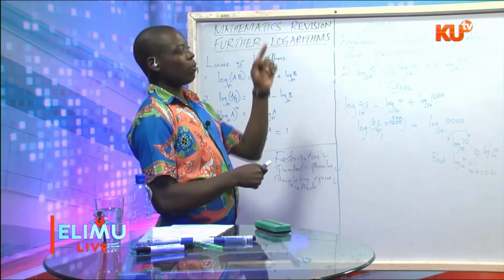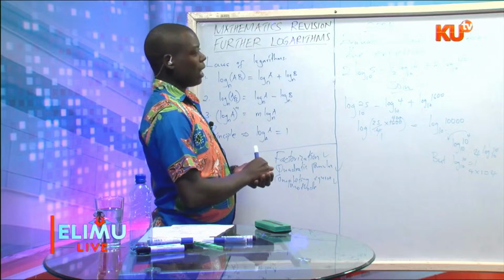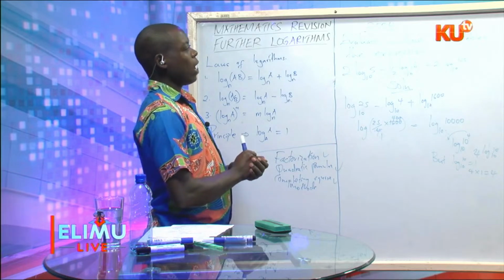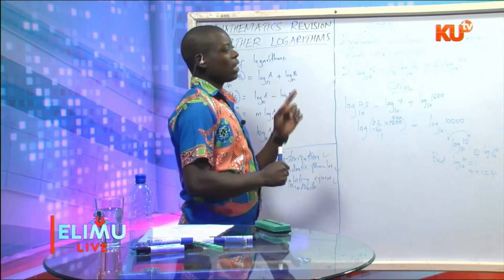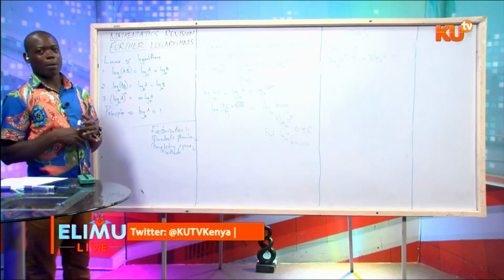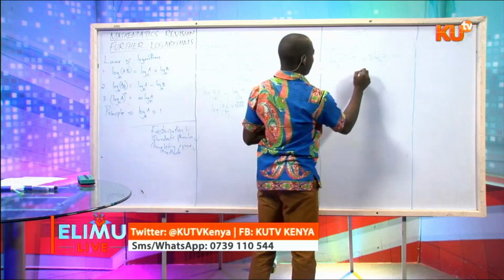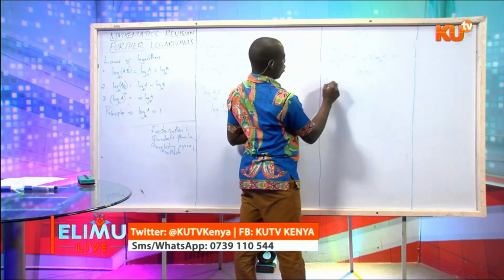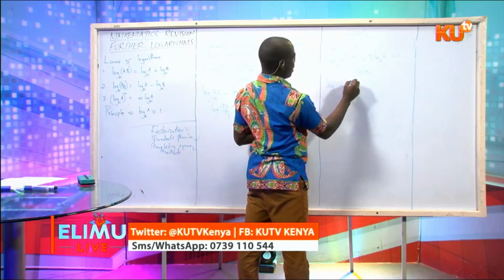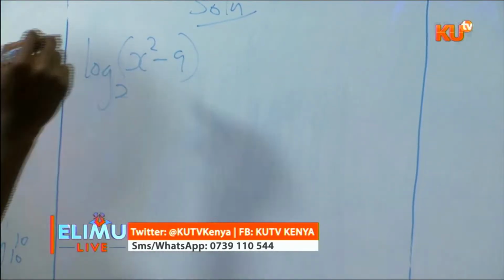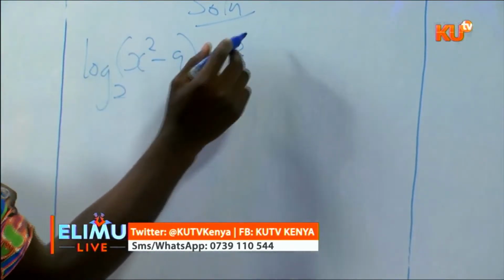So again, we'll start with the right-hand side. On the right-hand side, we have 1. We have to write 1 as a log of base 2. And so in this case, log x squared minus 9 base 2 is equal to 3.